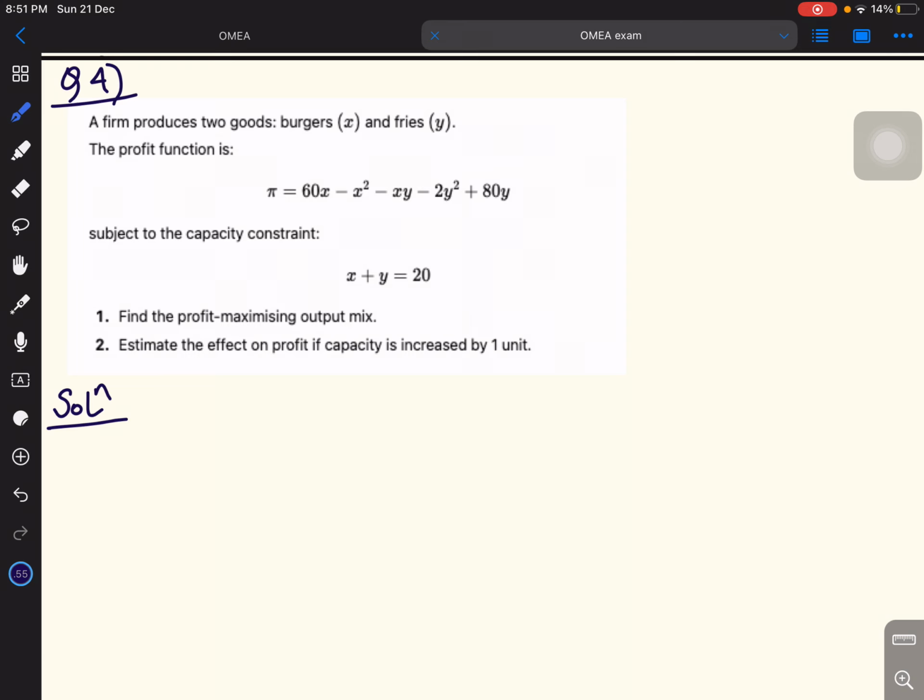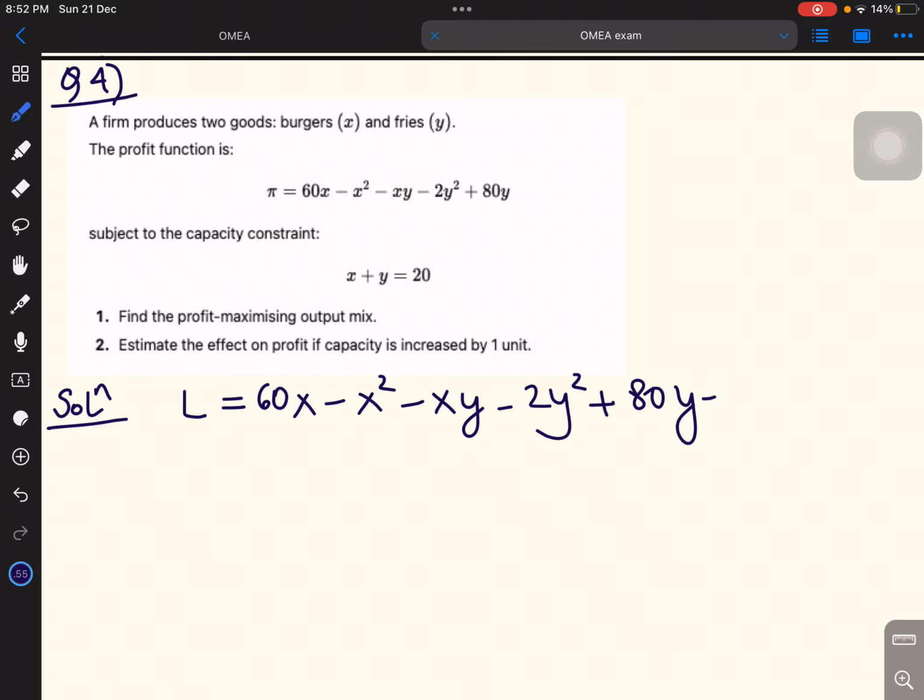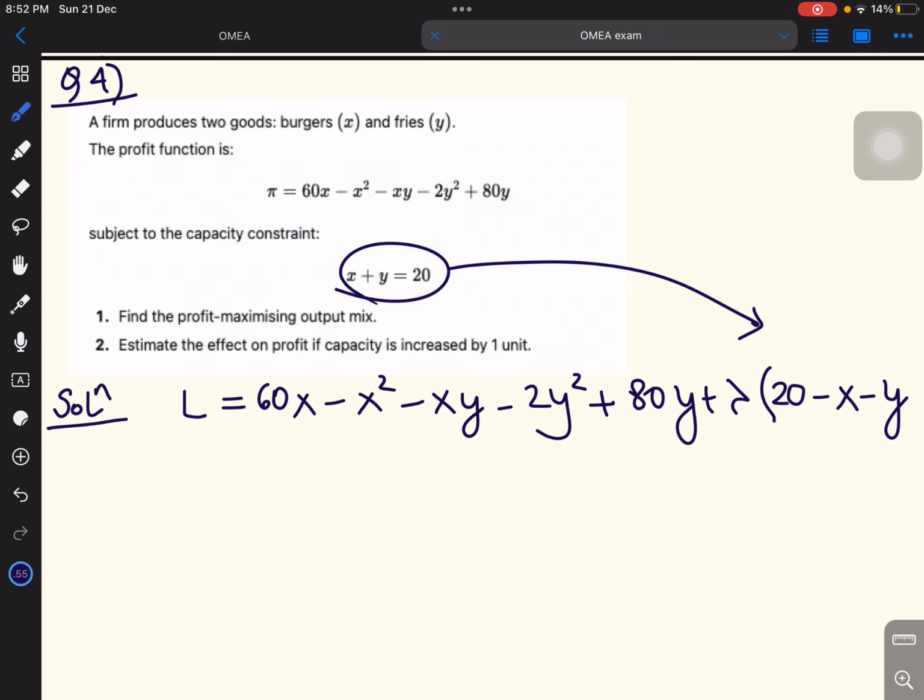We are going to first set up the Lagrange. How do we set up the profit function given to us? 60x minus x square minus xy minus 2y square plus 80y, then plus lambda times the budget constraint, the capacity constraint given to us, which is 20 minus x minus y.